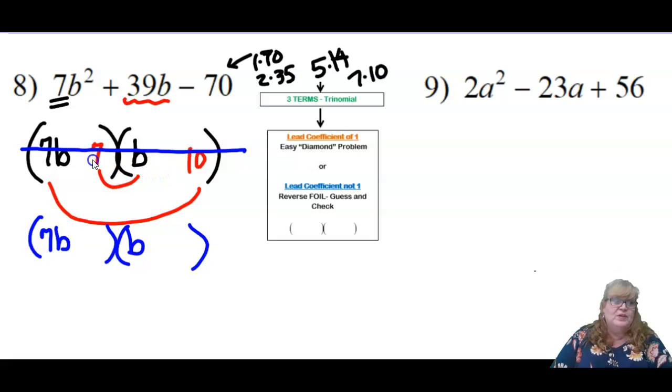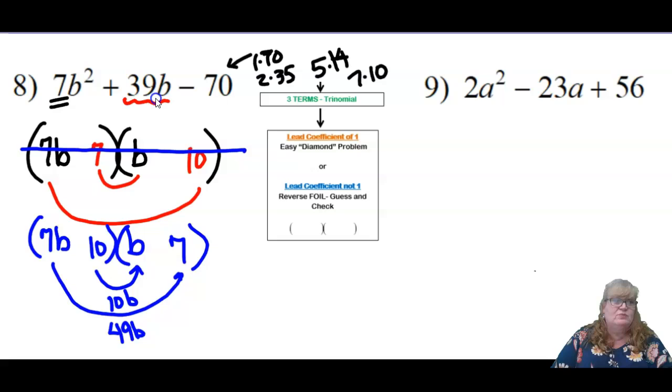So cross it out. We could try switching the 7 and the 10. Okay, you can always switch the order. Now when I do 7b times 7, I get 49b, and I do 10 times b, I get 10b. Well, 49b and 10b differ by 39b.